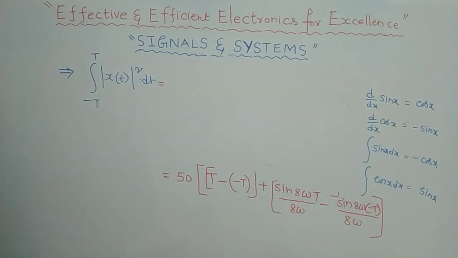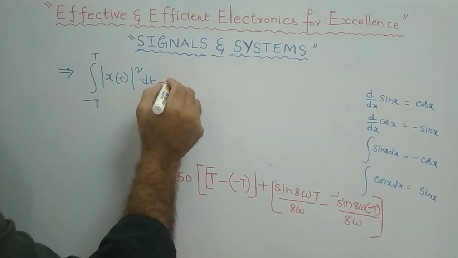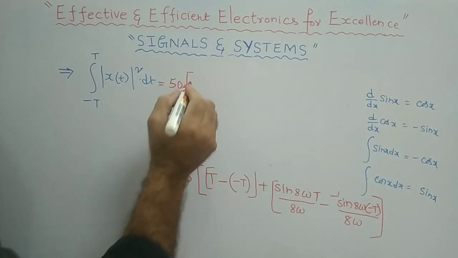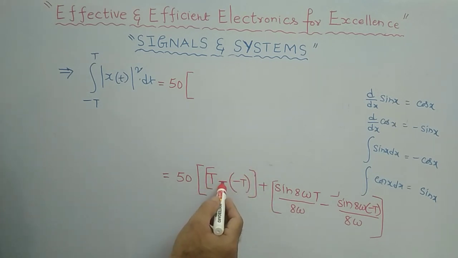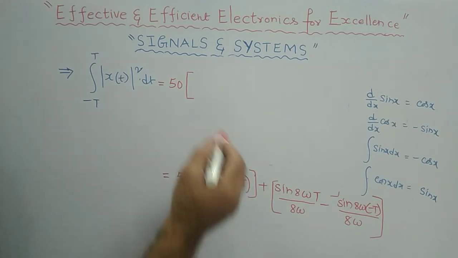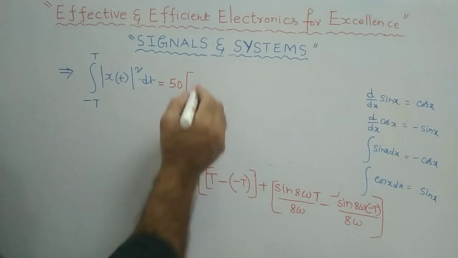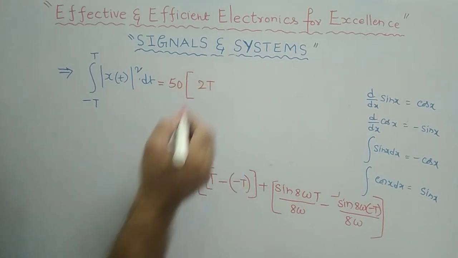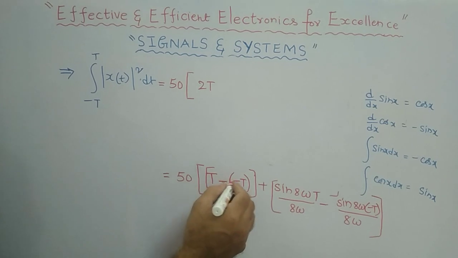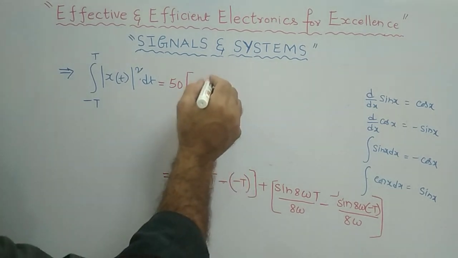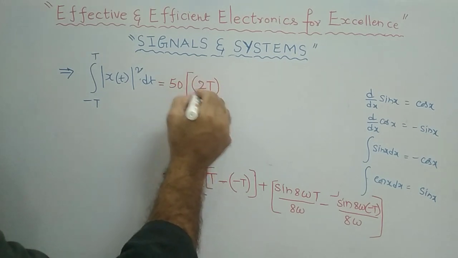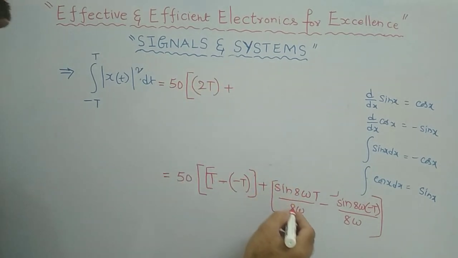Then it is 50 into, so this first term is there, t minus of minus plus, therefore t plus t you will get, definitely it is 2t. Clear, minus into minus is plus, so t plus t is 2t. So you can put in a bracket 2t plus 1 by 8 omega.